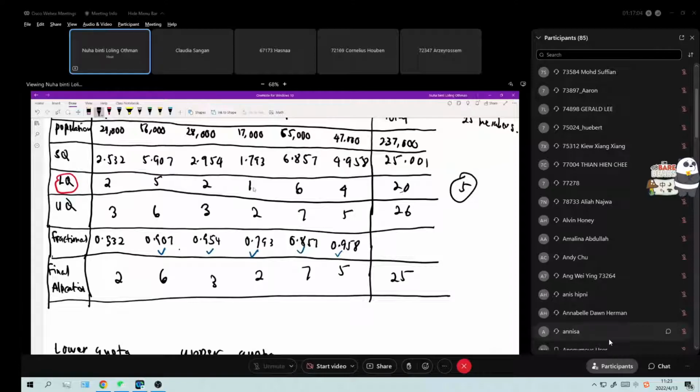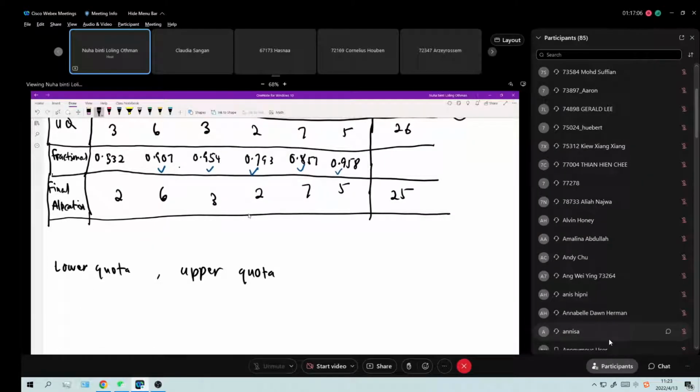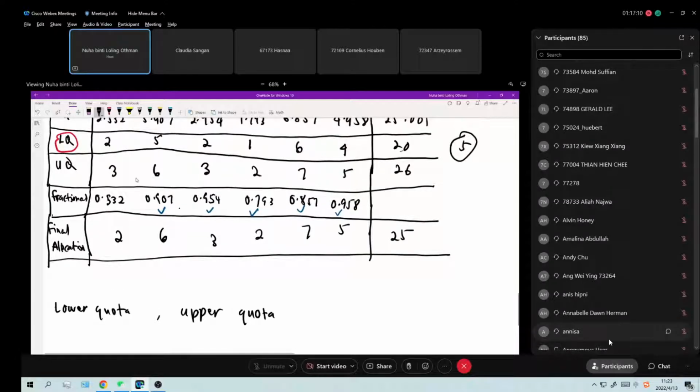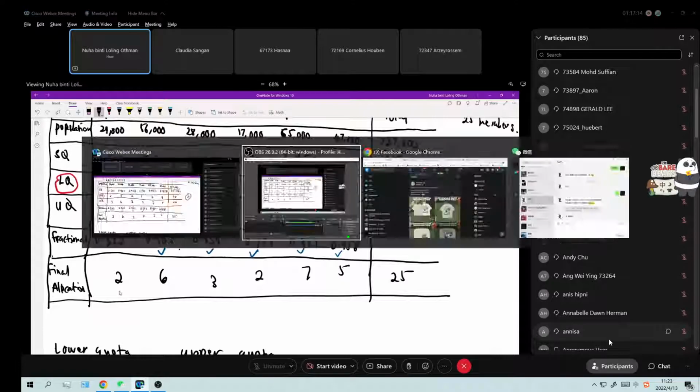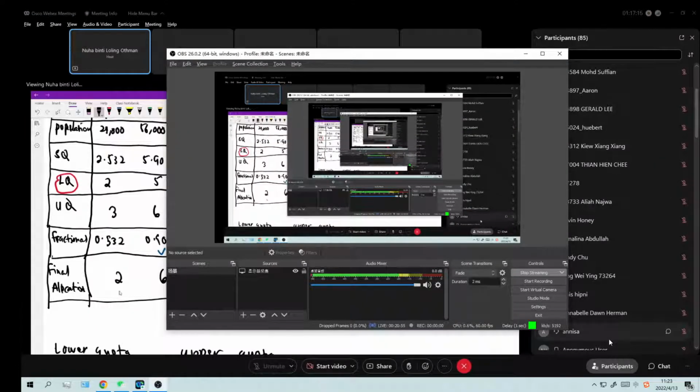So what is the meaning of this? It means that this state gets 2 senators that will represent their states.